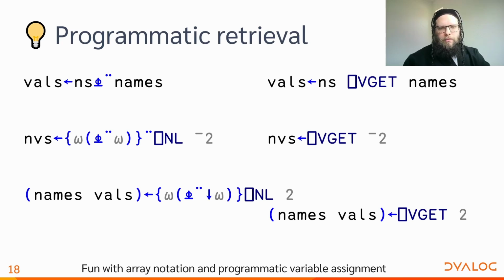And you'll notice then that the results of quad VGet match the arguments of quad VSet. So you can retrieve names and values and manipulate them and then feed the result back to quad VSet, so that you can do transformations between values in namespaces or names in namespaces.